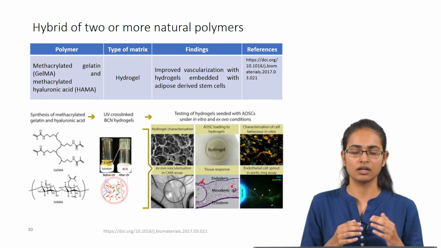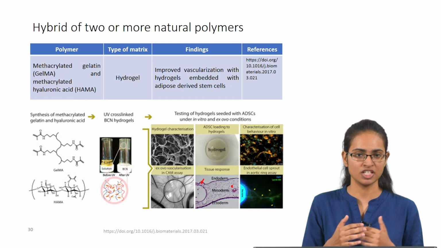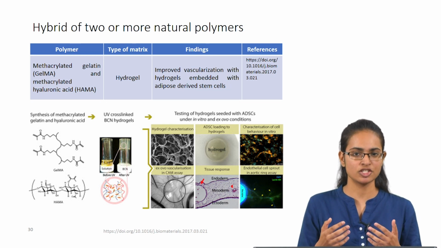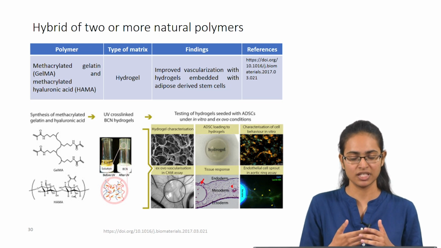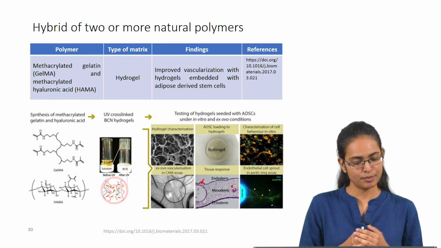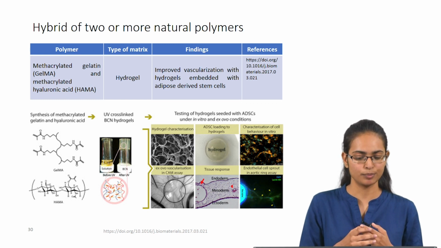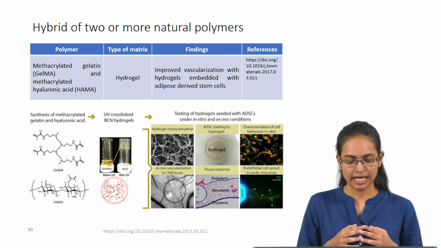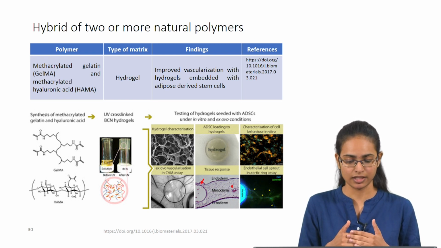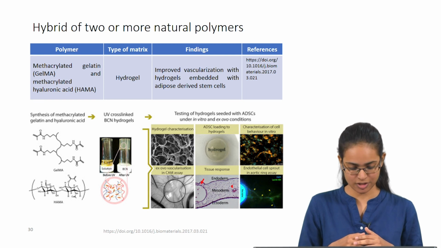So, the blend of the two can help us overcome these shortcomings, and also physical or chemical modification of naturally occurring polymers can help improve their properties. Here the blend has been processed into a hydrogel, and they have embedded adipose derived stem cells into the material for improved vascularization.